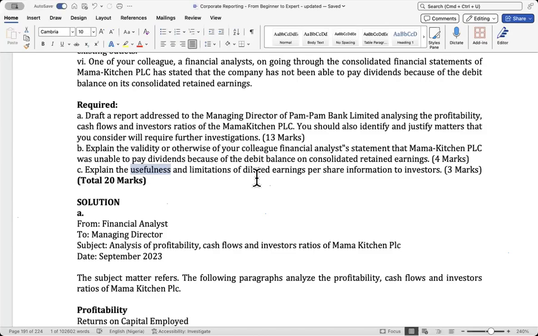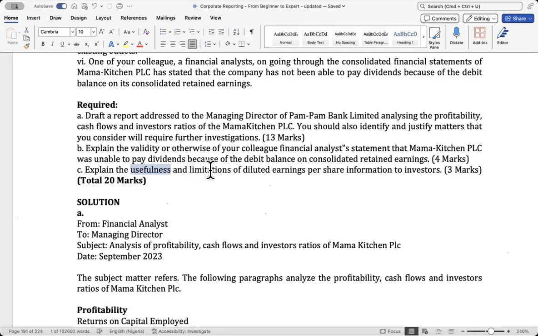It is also useful to the company itself, because it shows them how hard they need to work to improve their earnings in order to sustain the same level or even an increased level of earnings to existing shareholders. It makes them plan in advance.